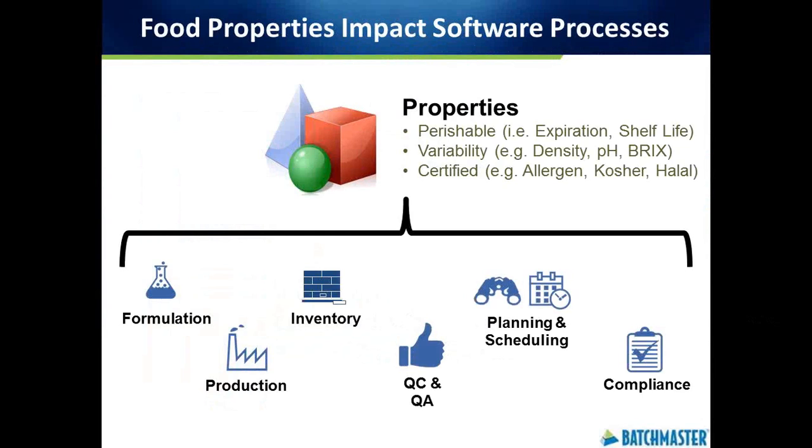And the food properties itself impact the software processes: the perishable aspect, expiration date, shelf life, the variability of the food inventory, and some of the certifications all impact formulation, production, inventory, quality, planning, scheduling, and compliance. That's really the agenda for today. We'll be talking about each one of those processes, and as I mentioned, George will dive down and demonstrate some of the key transactions in that regard.